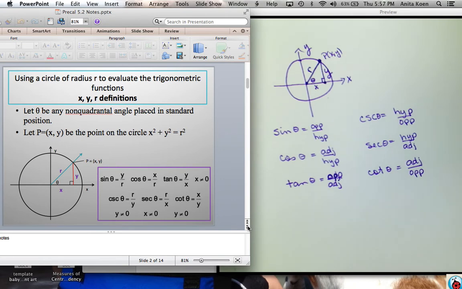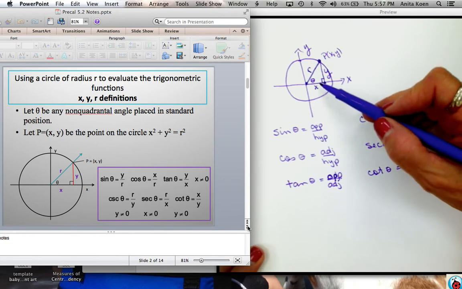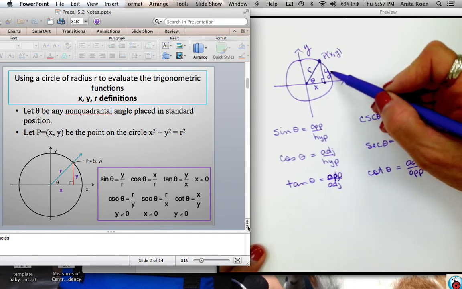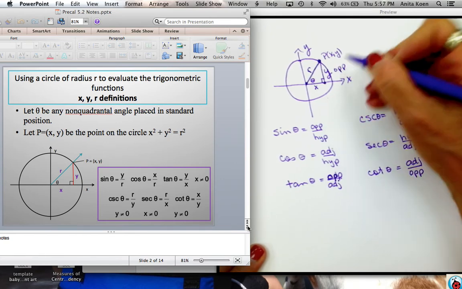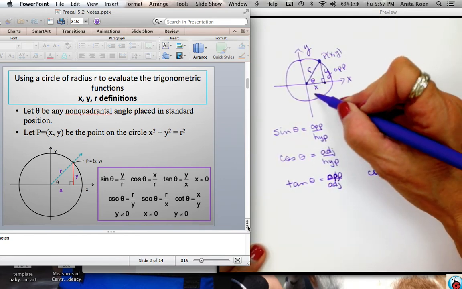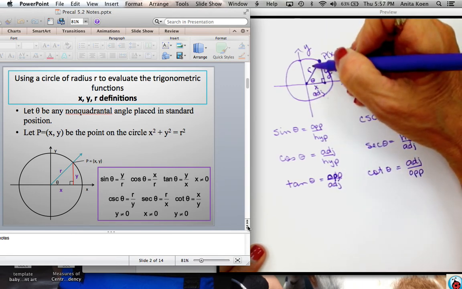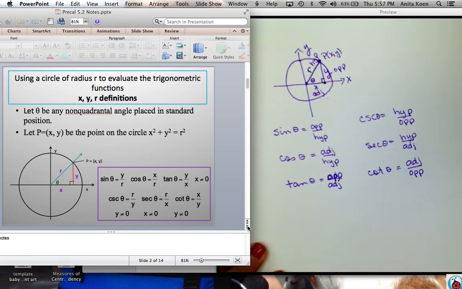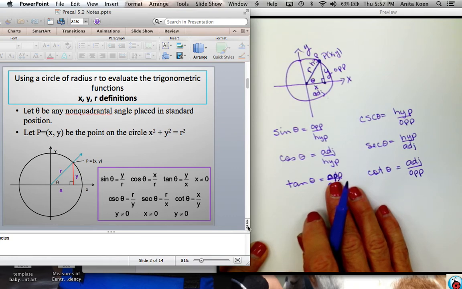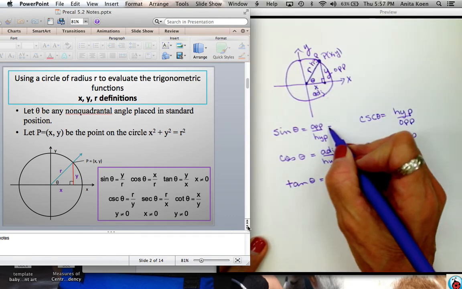Now what we're going to do is look at our triangle that we've created here, and we're going to realize that the side that is of length y is the opposite side, the side that is of length x is the adjacent side, and the side that is of length r is our hypotenuse. So now we can just relabel our trig functions with the x, y's, and r's. So opposite over hypotenuse is y over r.